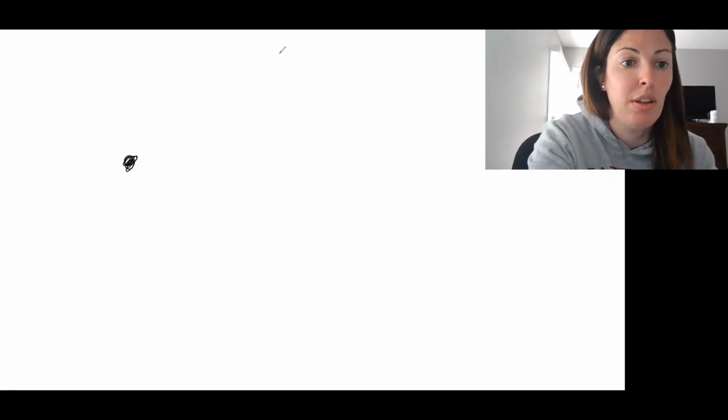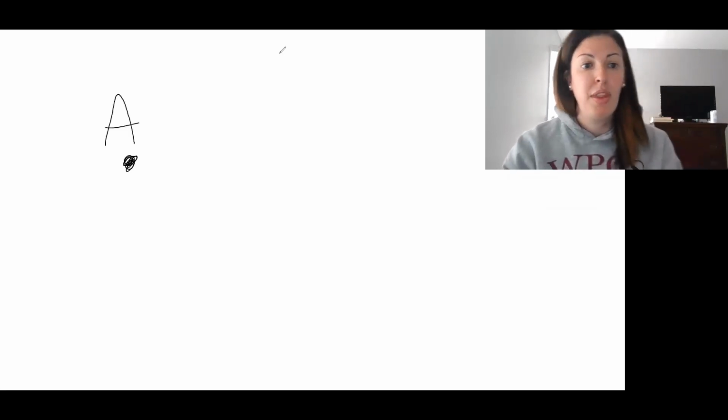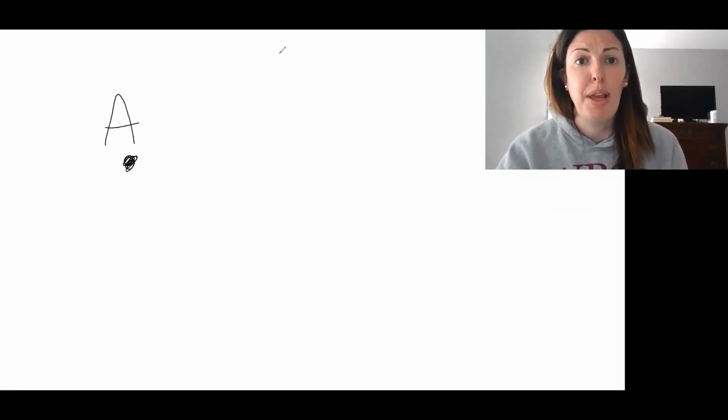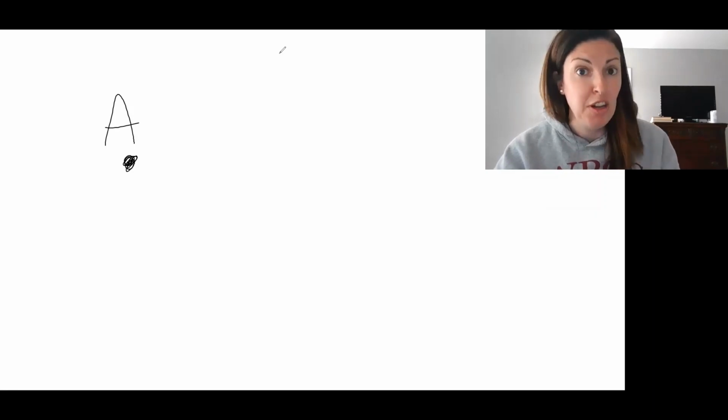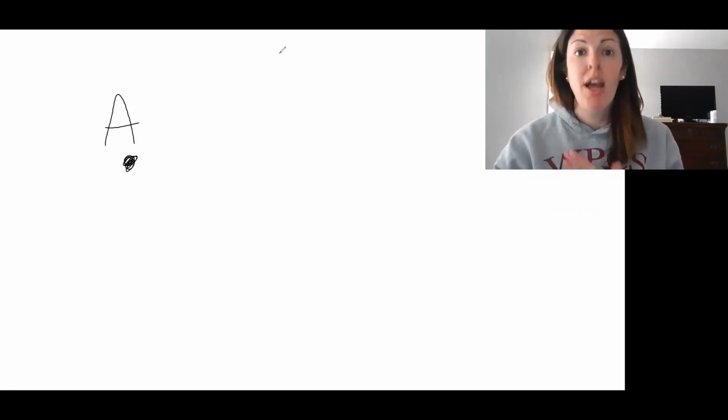So the first thing I just want to introduce us to is the very first basic term in geometry, and that's a point. And a point is one very, very specific location.